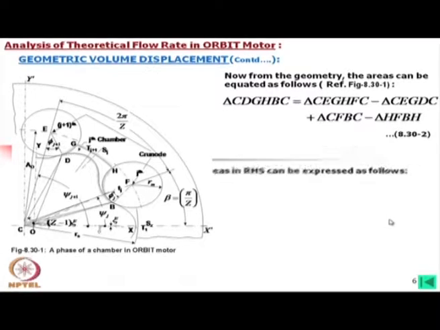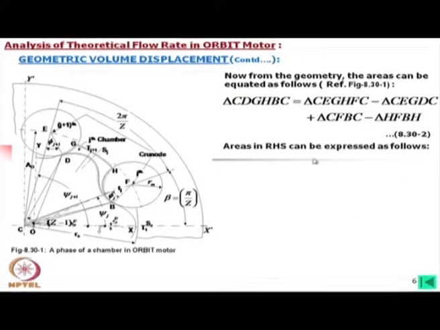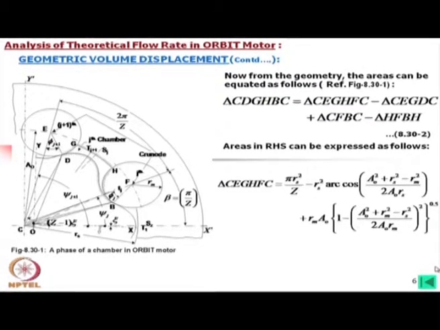Now, area on the right hand side can be expressed as follows. This is purely geometric analysis. First, we have considered this one. We have taken pi r s square by z, where r s is the radius of this inner circle, that is the whole area, minus r a square.